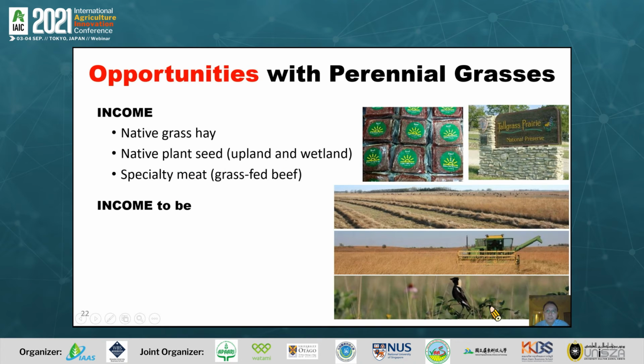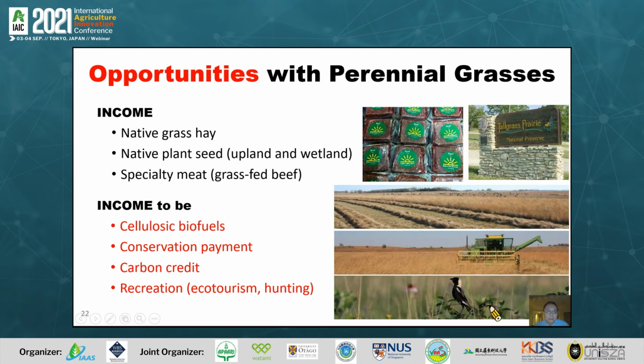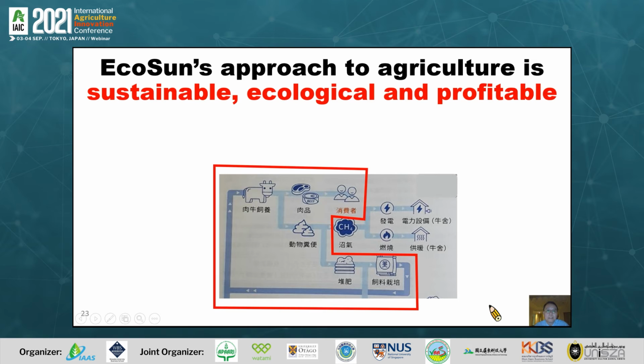And their opportunity, they have three major incomes right now, but eventually they can have biofuels, and they can also get conservation payments from the state government, and also carbon credits, and also they have recreation values. So they have really multi-function.